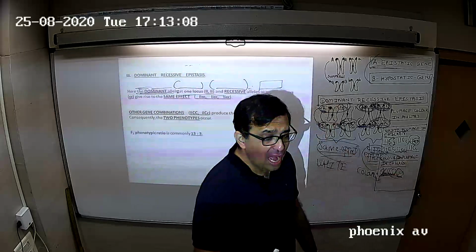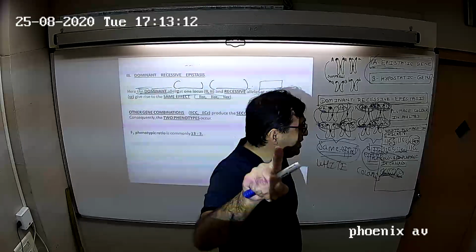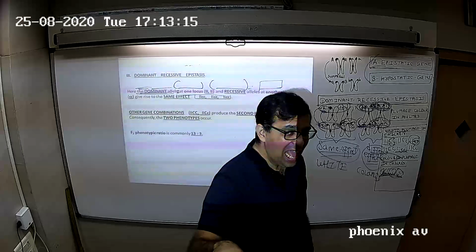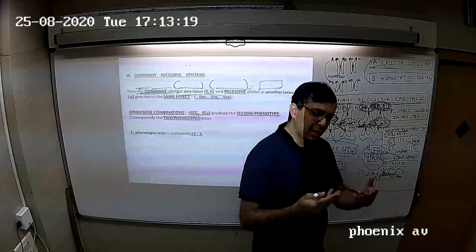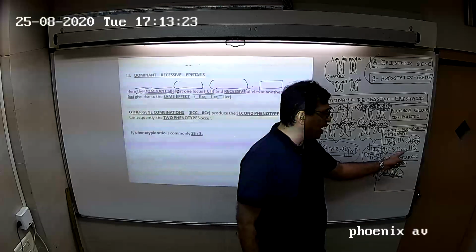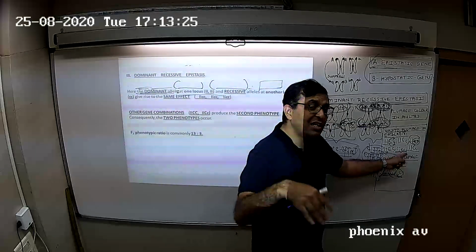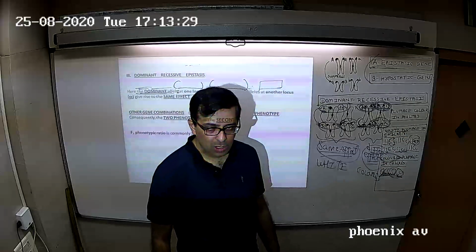That you have to have capital I and capital C or small c. Doesn't matter. As a matter of fact, small i, small c doesn't matter. Will still produce white plumage.